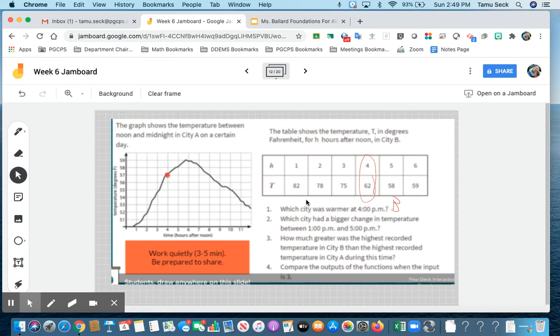So between 1 and 5, the change in temperature goes from 50 to 57. So it's 7 degrees Fahrenheit.